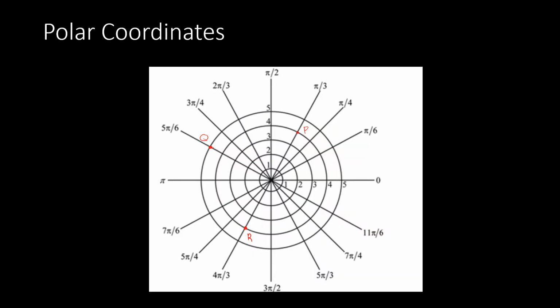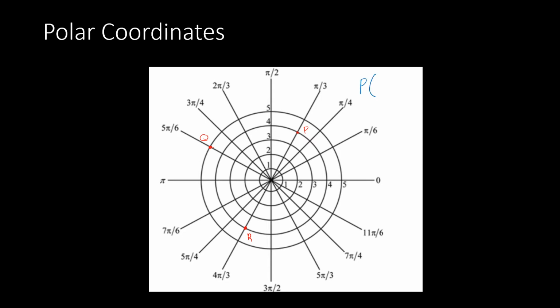This is another example of a polar coordinate system where the angles are expressed in radian measure. So for the given points P, Q, and R, let us indicate their coordinates.